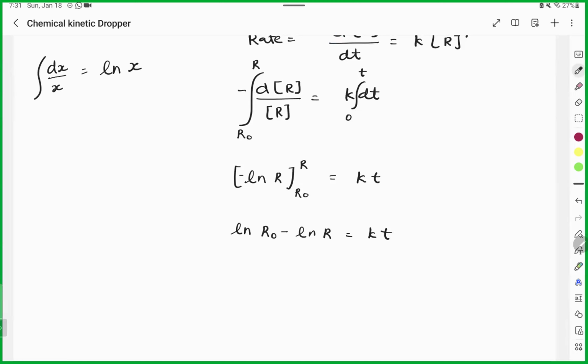Any doubt, guys? And the second formula, whether you take log or natural log: natural log a by b is equal to natural log a minus natural log b. This is the formula.